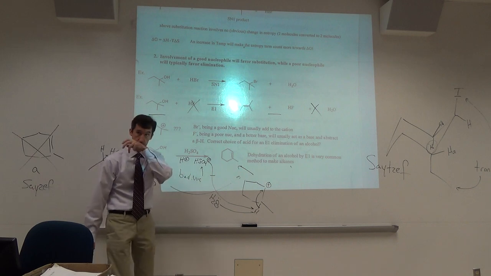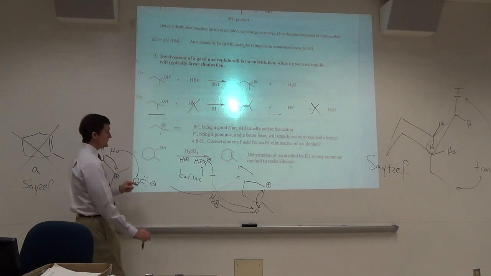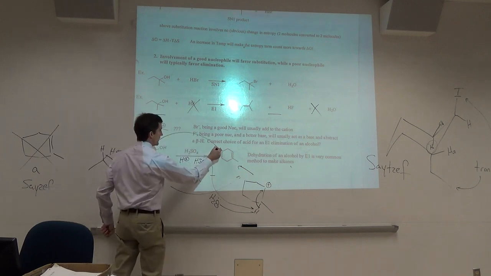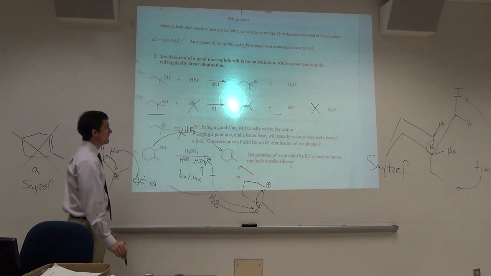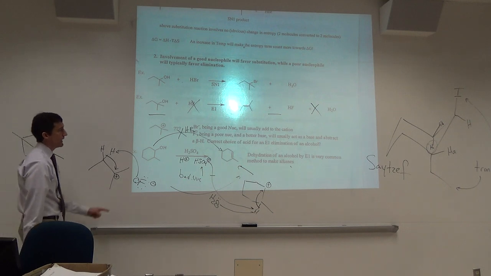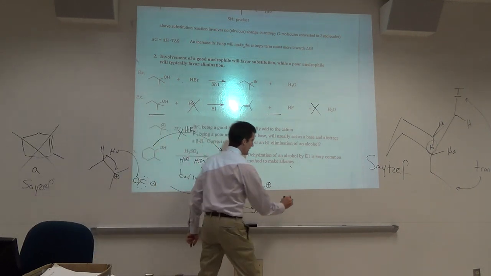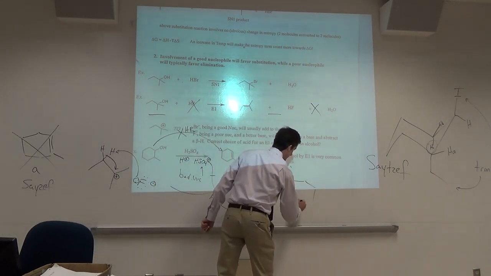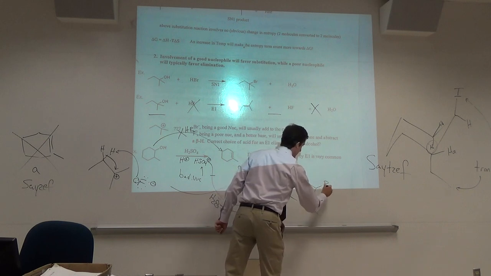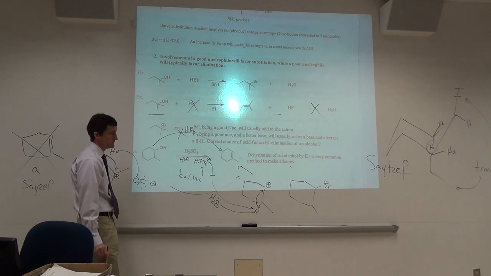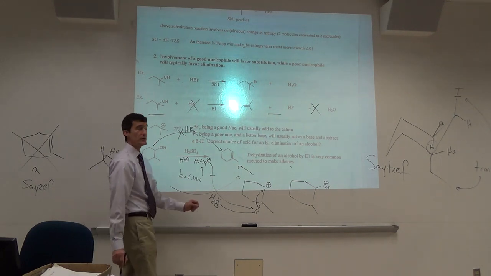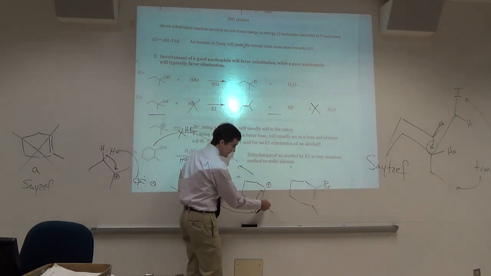Dehydrate with this. You would never do this reaction with HBr. HBr is a good nucleophile. HBr will give you a substitution product looks like that. Or it could rearrange. You might get a rearrangement.